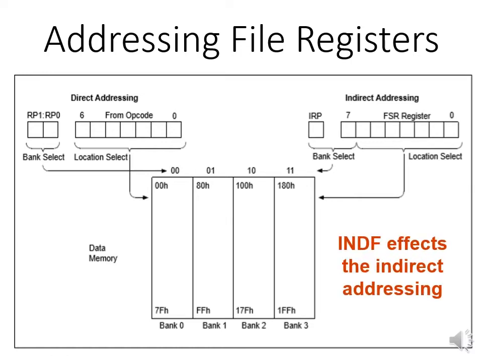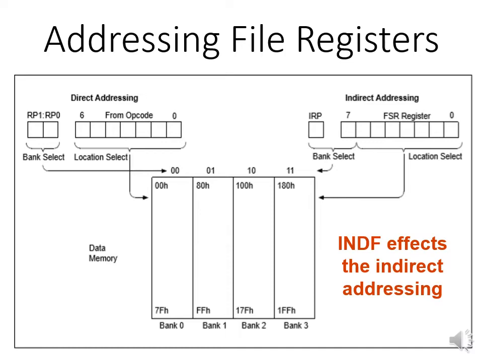There is another special function register used in indirect addressing. This register is INDF. It is at address 00. In essence, this register is not a physical register, but it is just an address that is used to effect the indirect addressing. We shall see how it does that in a later section.